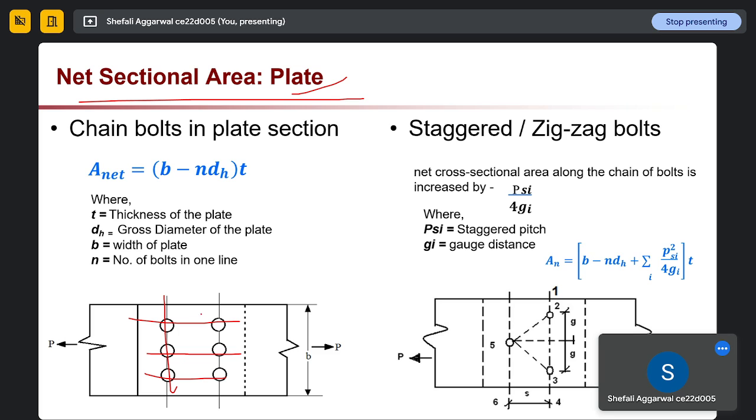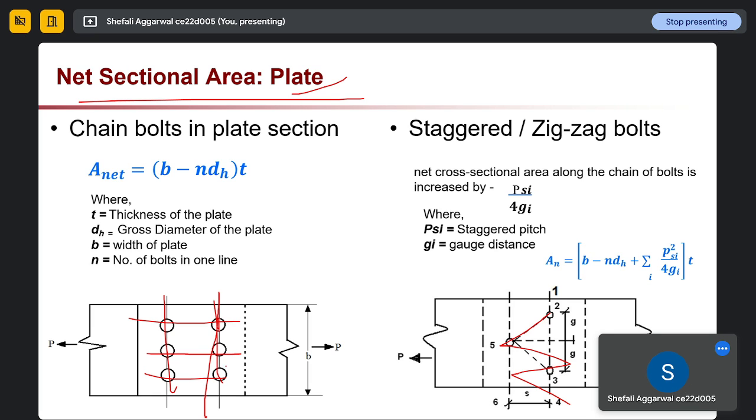If you see columns and rows, there is a symmetry. But in the case of staggered bolts, it's like a zigzag position. In the case of chain bolts, our net area is given by (B minus nD) into t. Total width minus the number of bolts in one line, like in this case 3, into diameter.